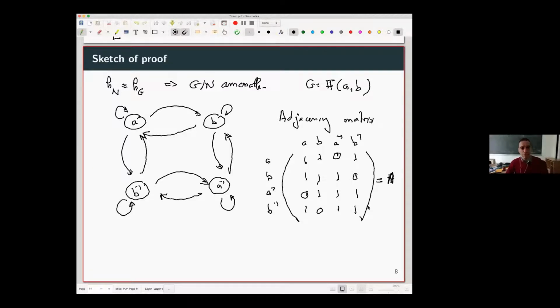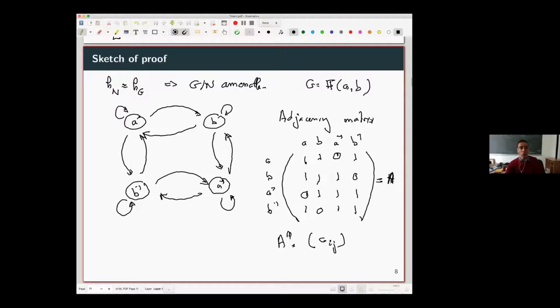And it's a standard exercise: if you compute the nth power of A, you get a matrix, let's call it C_ij, where the number C_ij is exactly the number of paths that go from the state i to the state j.